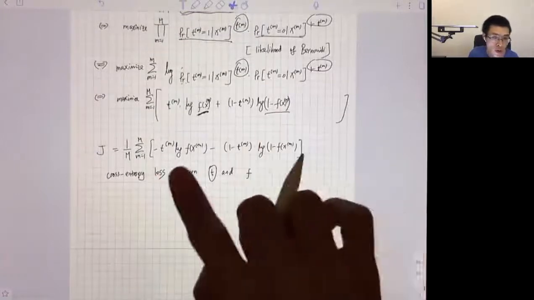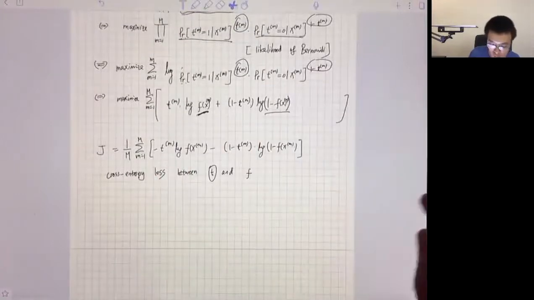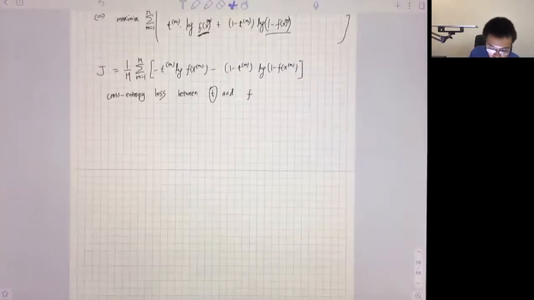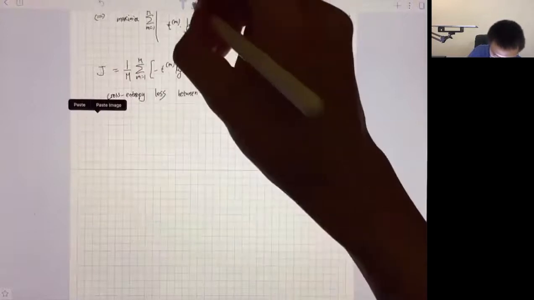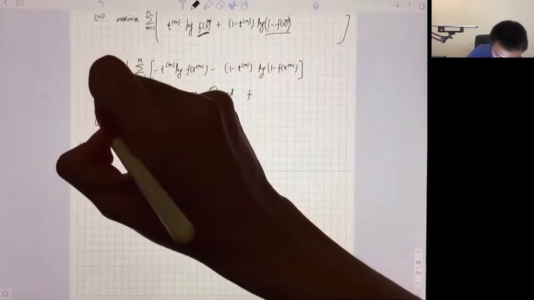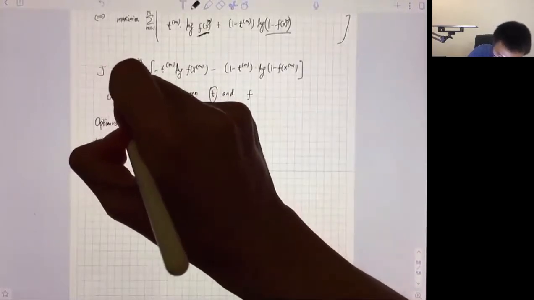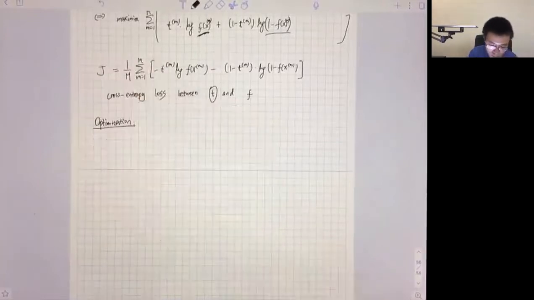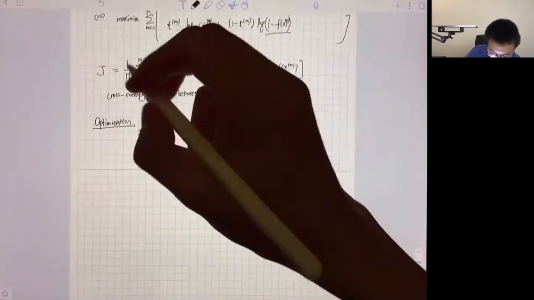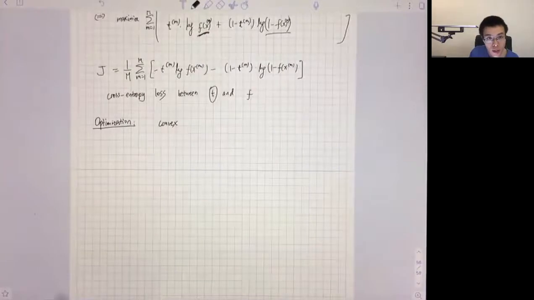But we have a good understanding of the cross entropy loss. Next thing is I'm going to optimize. First, I can tell this is a convex function. It's a smooth function. If I want to show it's convex, it's shown by the derivative or by the Hessian.